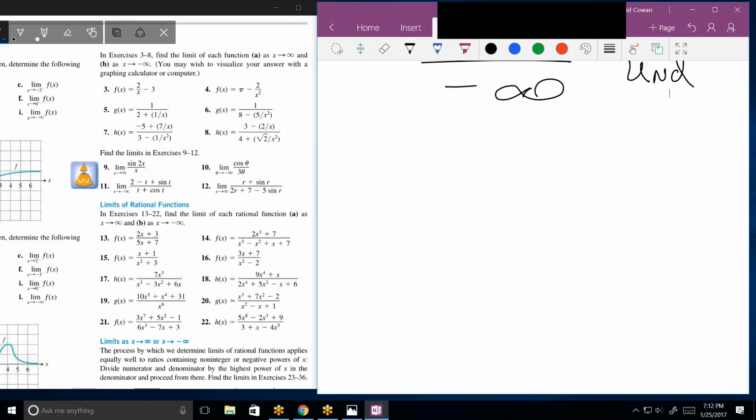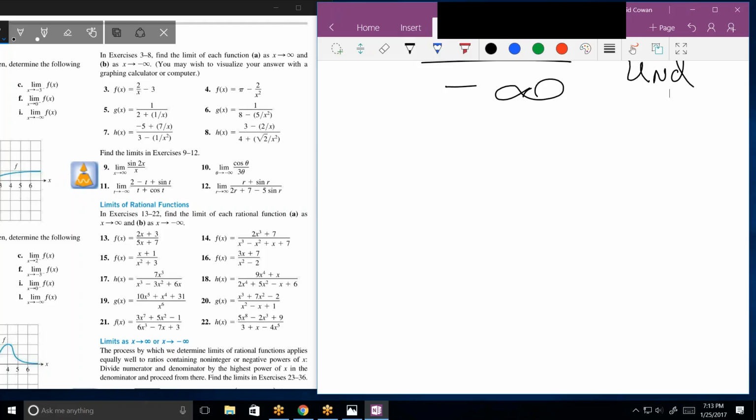You can forget about the 3 and the 7, because all you care about is that ratio. Because it's x over x, both to the 1 power, then the limit as you go to infinity is 2/5. And the limit as you go to minus infinity is 2/5 also.